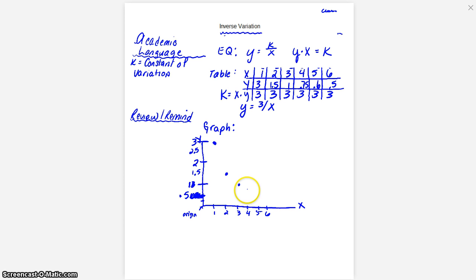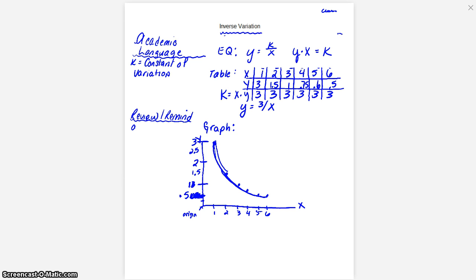It's going to be a little bit more than half. 5 is going to be 0.6, yep. And 6 is going to be 0.5. Okay, so my y starts off big and gets smaller. It starts off up and gets smaller as my x is getting bigger, and your graph is always going to look curved like this, okay?